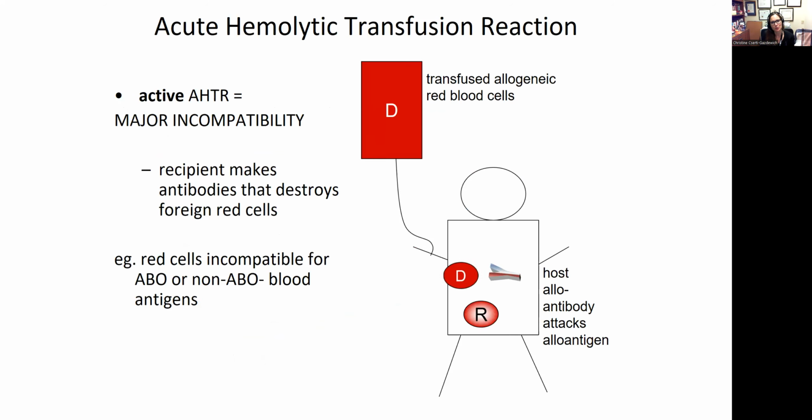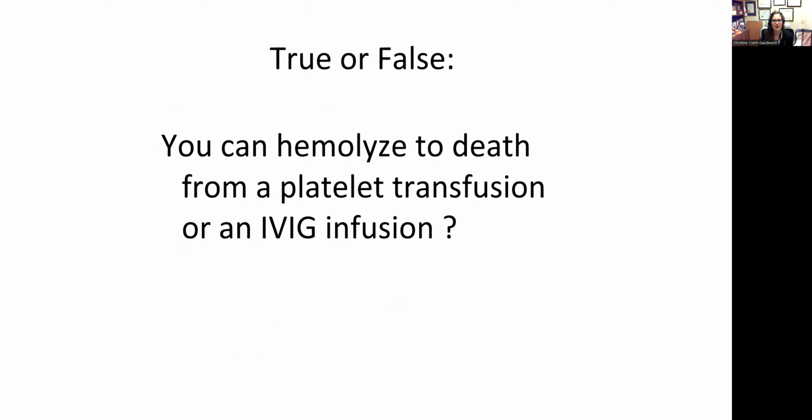Okay, so this is a cartoon for what's happening in an acute hemolytic transfusion reaction. The patient here is rejecting your donor erythrocyte because there's an antigen that they find offensive. So they've got an antibody, an alloantibody against a donor alloantigen. You now know the answer to this question.